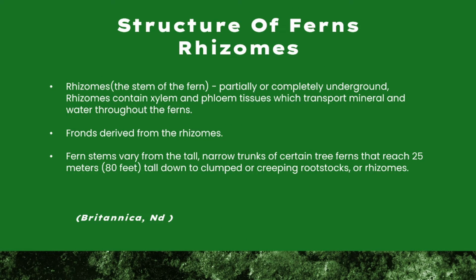Continuing with the structure, let's look at rhizomes. It should be noted that ferns do not have true roots, but they have rhizomes which basically perform the function of roots. They can be found partially or completely underground, and they contain the transportation tissues, as we know from earlier slides, called the xylem and the phloem.